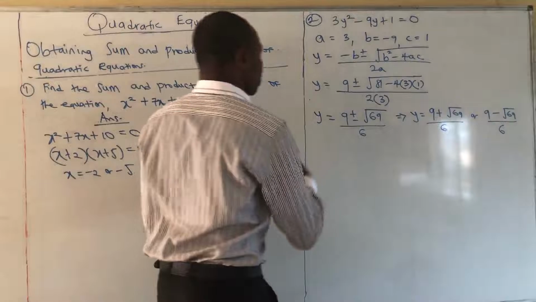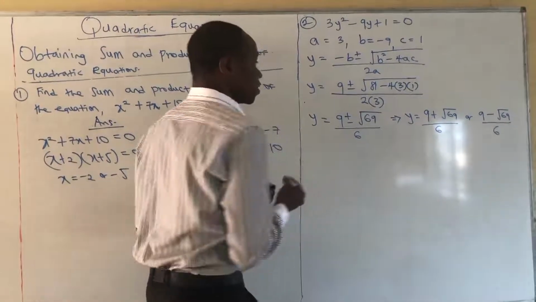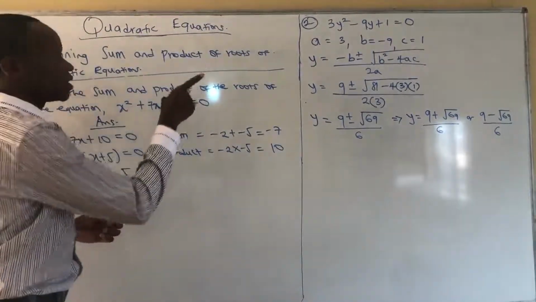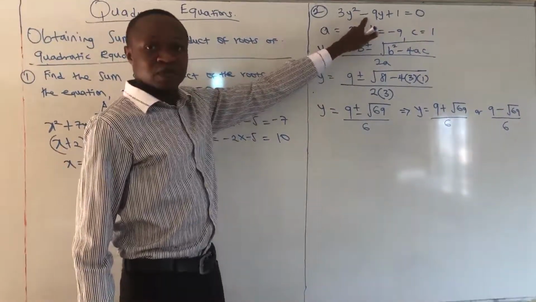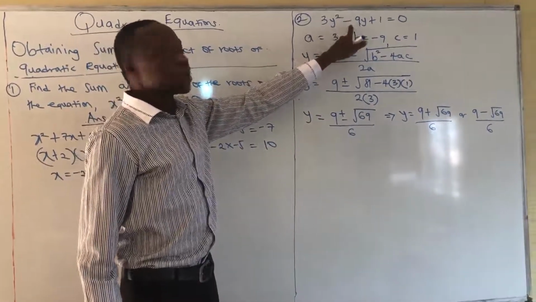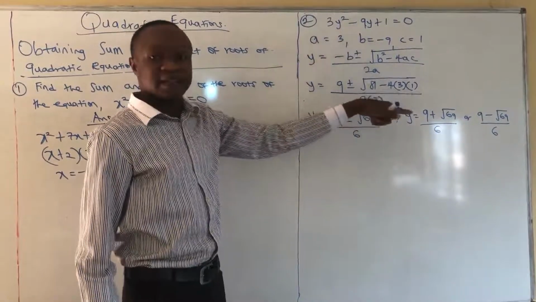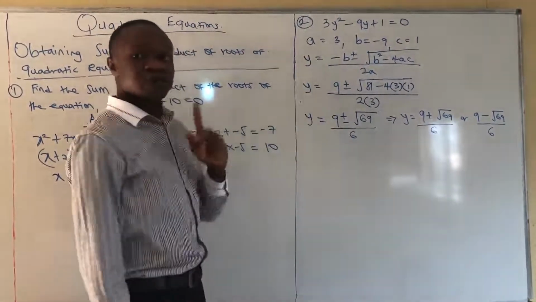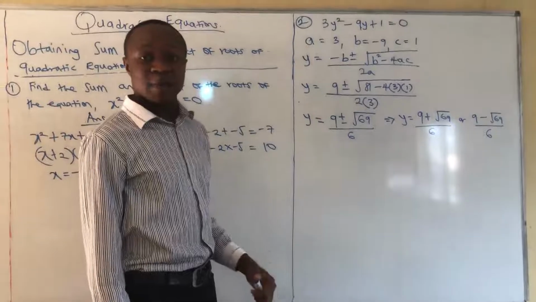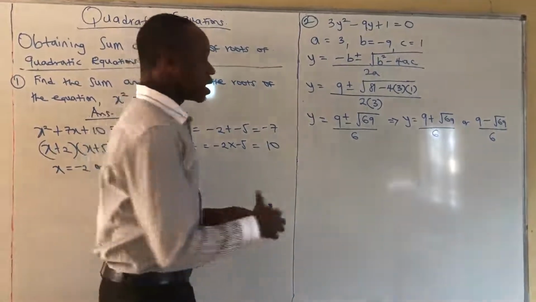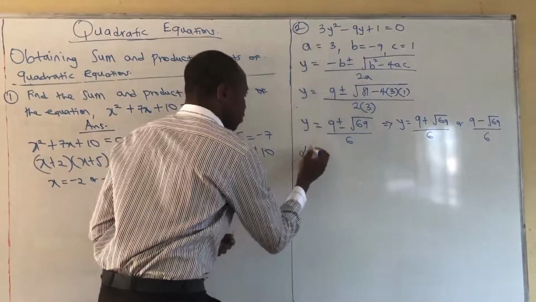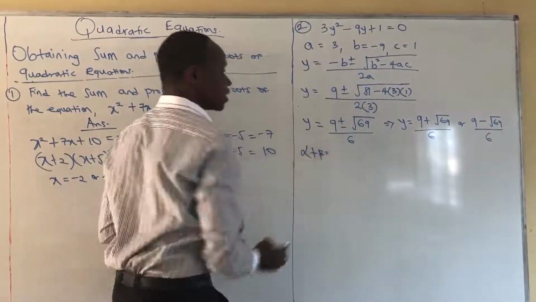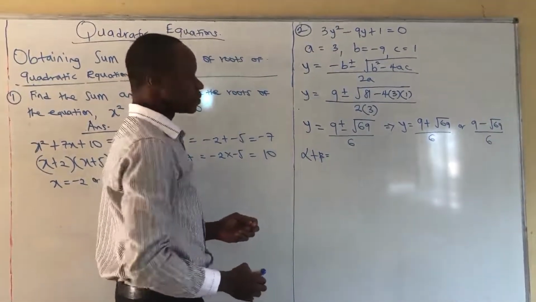So we look for the sum and product. Don't forget the question. Find the sum and product of the roots of this equation. It means, what will I have when the roots are added? That is the sum. What will I have when the roots are multiplied? That is the product. Having the roots, we can now get the sum of the roots, that is alpha plus beta.